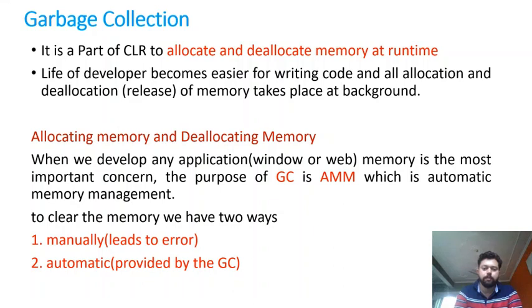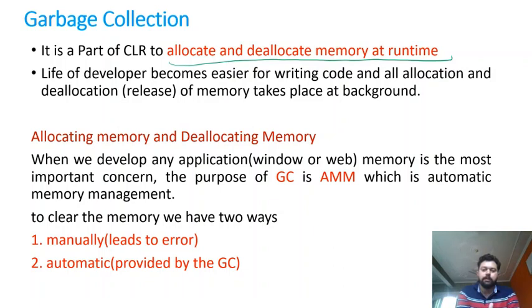So it is a part of the CLR. With the help of garbage collection, the life of any programmer or developer is easier for writing code, because all the allocation and deallocation of memory takes place in the background automatically.